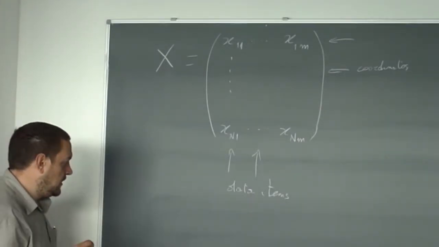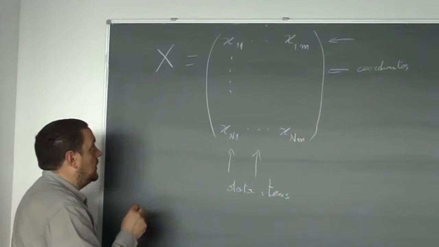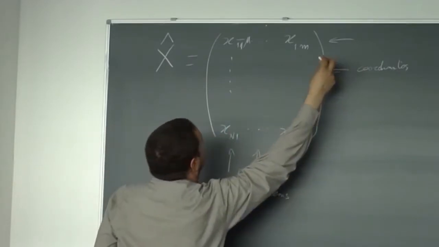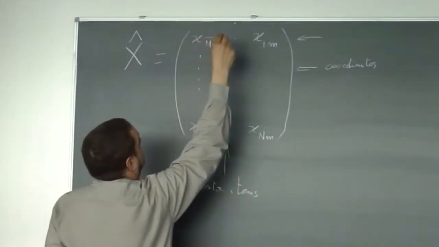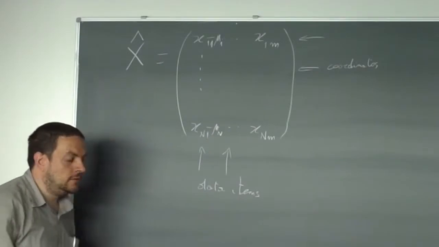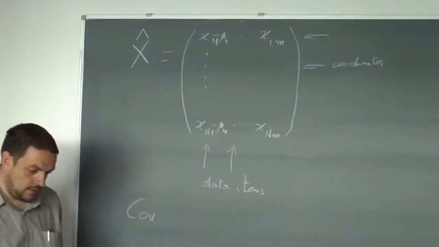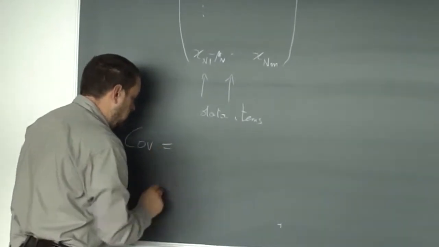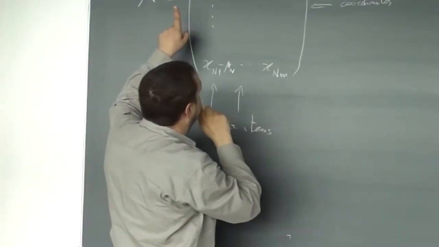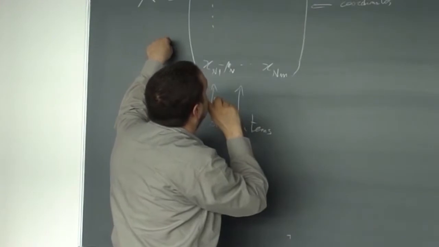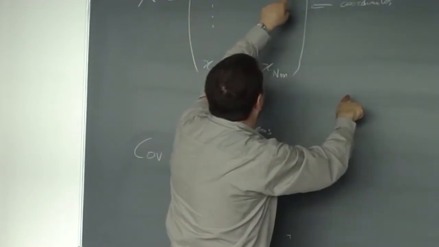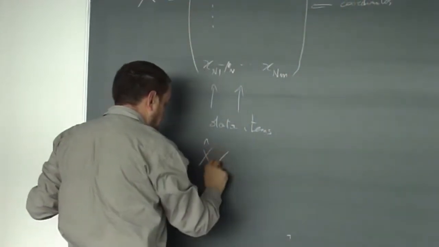And so the idea was, after somehow normalizing this matrix by removing the mean value of each coordinate, from mu1 to mu-n, the corresponding covariance matrix could be computed as a covariance between the different instances of the coordinates, so it was x times x transpose.